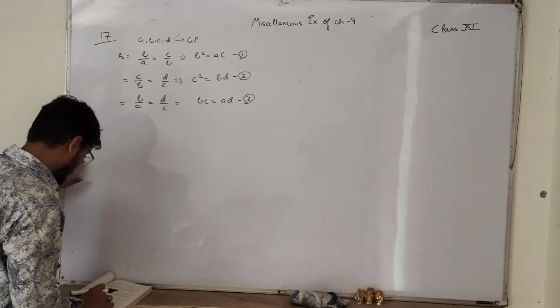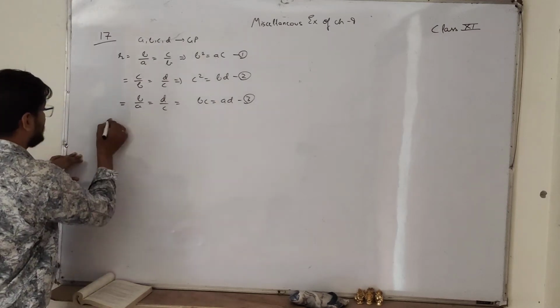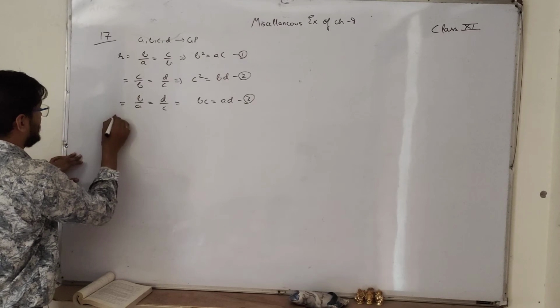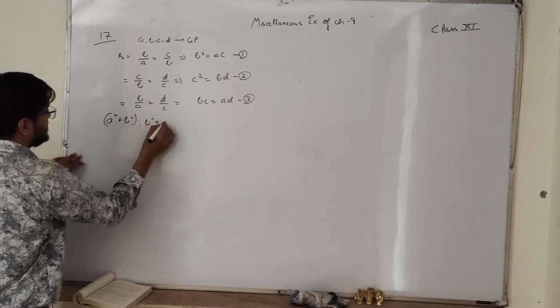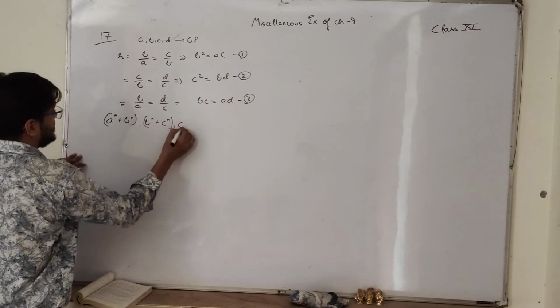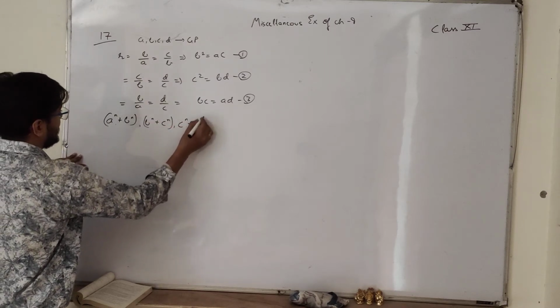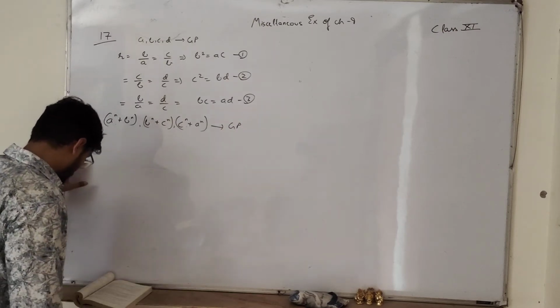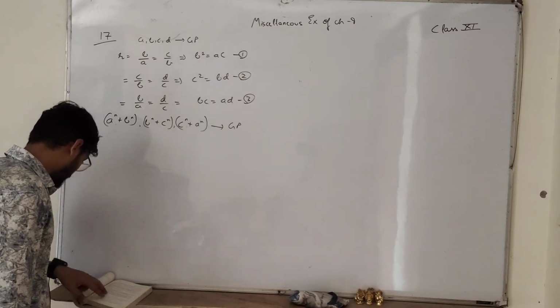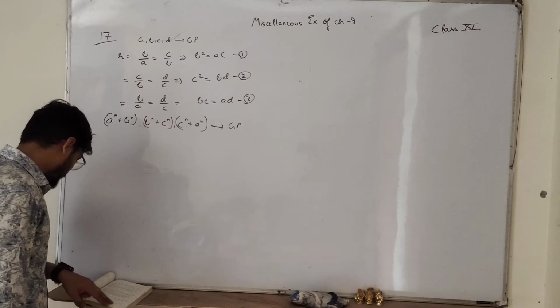We have to show that a raised to the power n plus b raised to the power n, comma, b raised to the power n plus c raised to the power n, comma, c raised to the power n plus a raised to the power n forms GP, right? So this we have to show, forms GP.